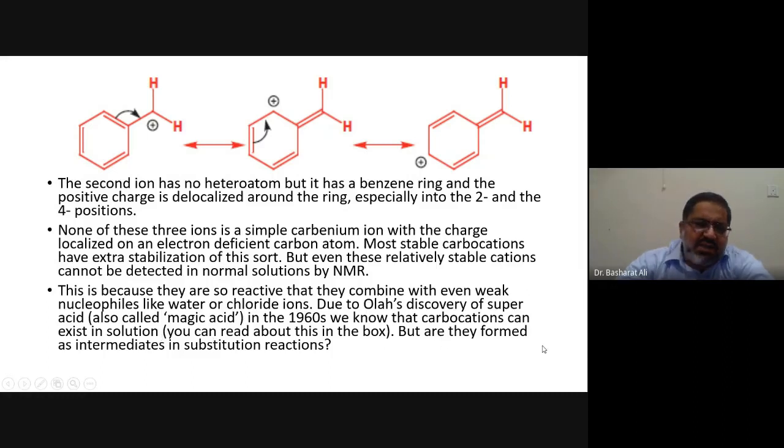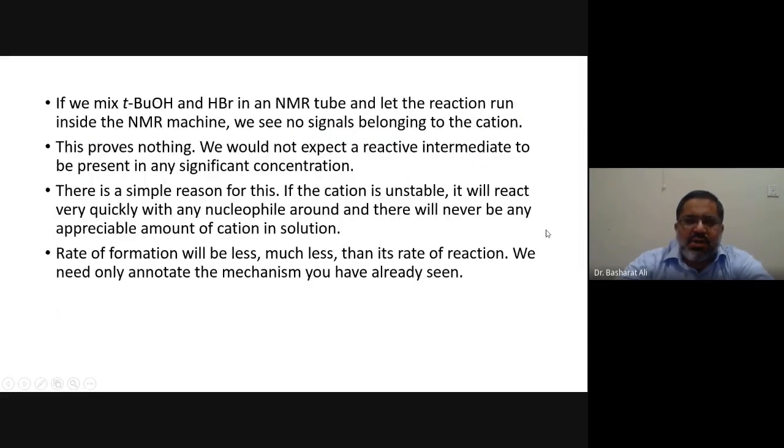But are they formed as intermediates in substitution reactions? If we mix tertiary butyl alcohol and hydrogen bromide in an NMR tube and let the reaction run inside the NMR machine, we see no signals belonging to the cations. This proves nothing.